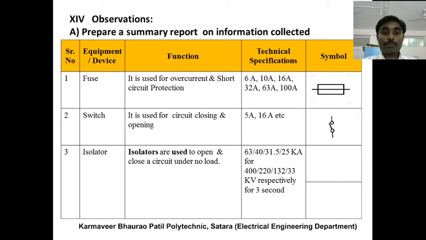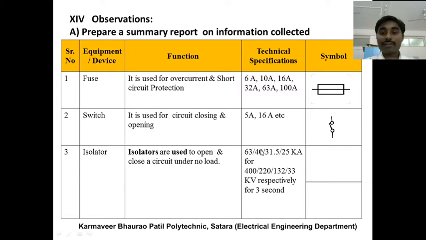The next equipment is an isolator. Its function is that isolators are used to open and close a circuit under no load condition. An isolator never operates under on-load condition.